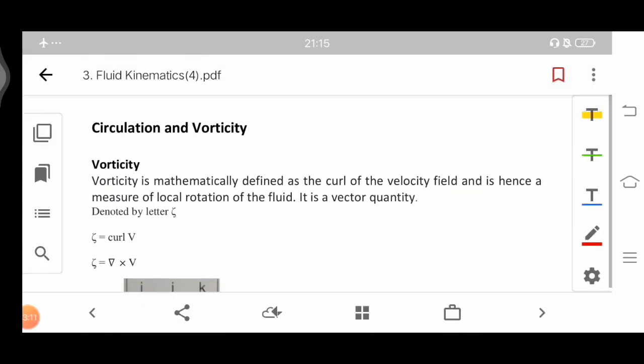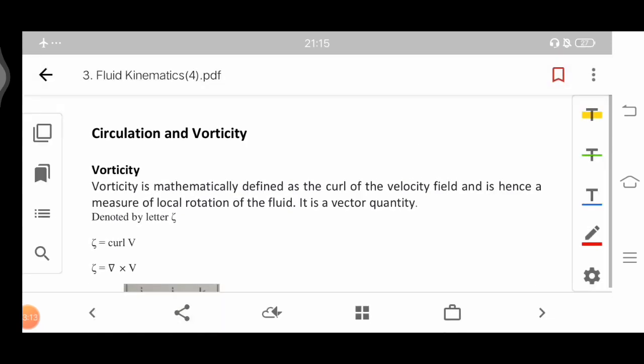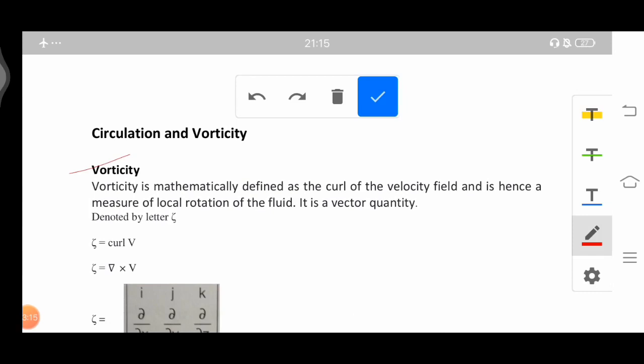Next we have the circulation and vorticity. So what is vorticity? Vorticity is mathematically defined as the curl of the velocity field and is hence a measure of local rotation of the fluid.